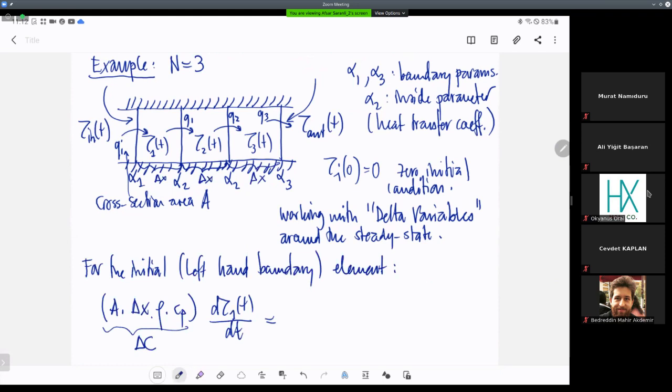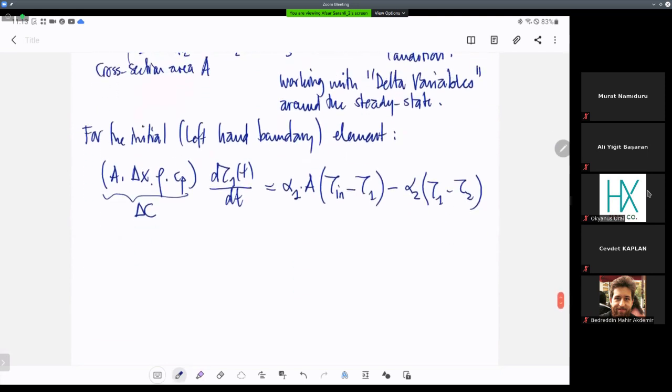So that's going to be alpha 1 on the boundary times the area times the temperature difference, tau in minus tau 1, both of them functions of time, minus the other boundary over here, alpha 2 times, this time, tau 1 minus tau 2.